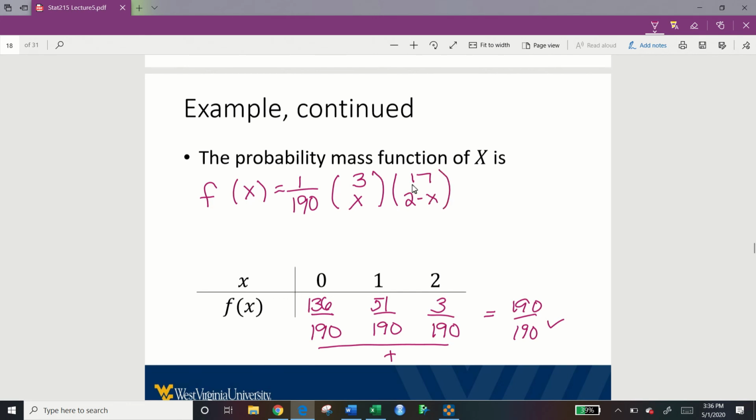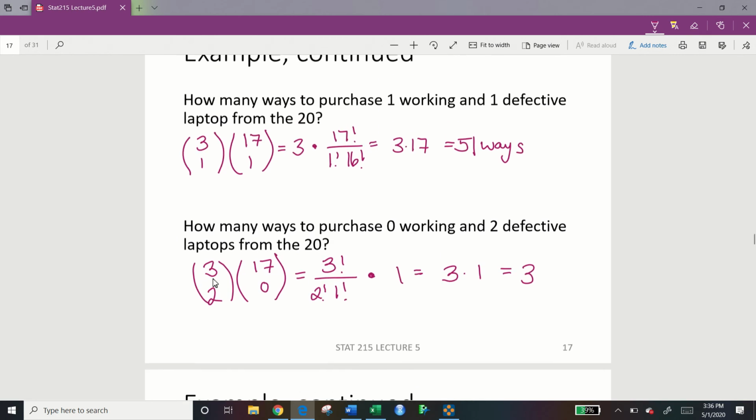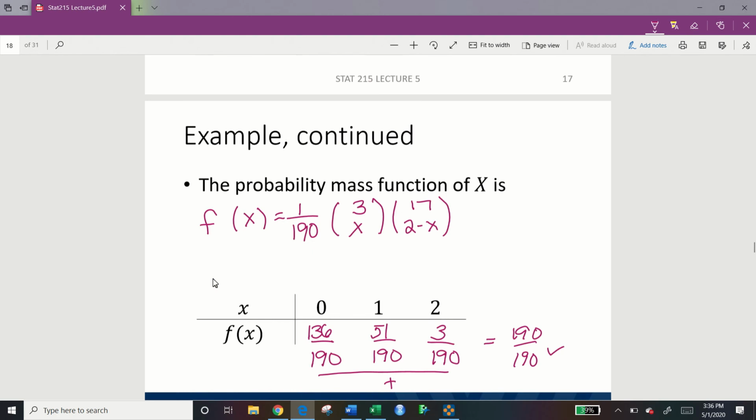So think about this. Every time we did this, we had our 3 and our 17, our 3 defective, our 17 working. We were selecting 2 laptops. If we let our first choose be some value x, then that means our second choice for our working laptops had to be 2 minus x.